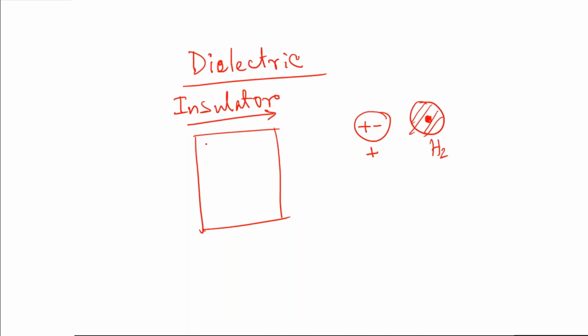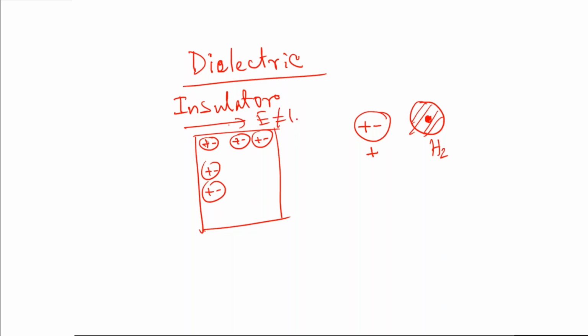Now, if you apply an external field, what happens in that case? When we don't apply an electric field, positive charges and negative charges are strongly bound, and they don't have any excess charge over here.